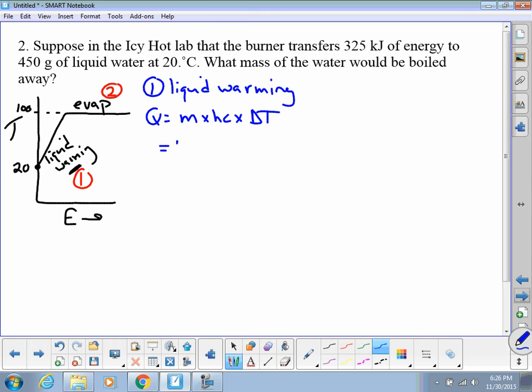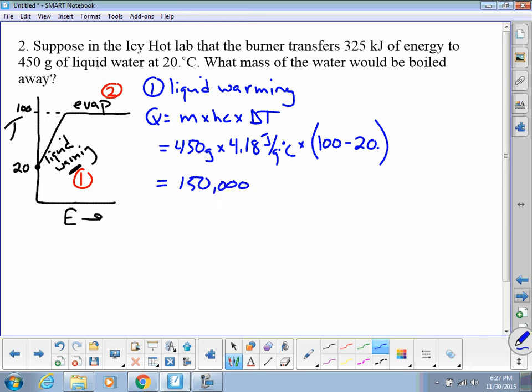So the mass of liquid is 450 grams times the heat capacity times the final temperature, which is 100, and the initial temperature was 20 degrees. If we crunch that out to the correct number of significant figures, we get 150,000 joules of energy.